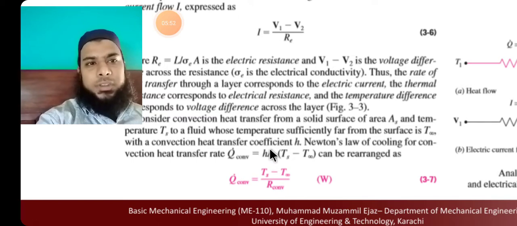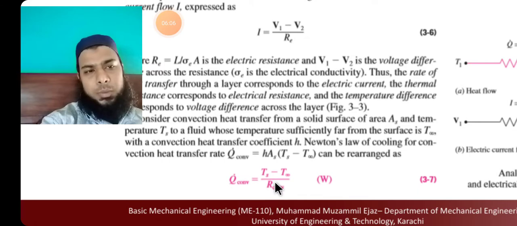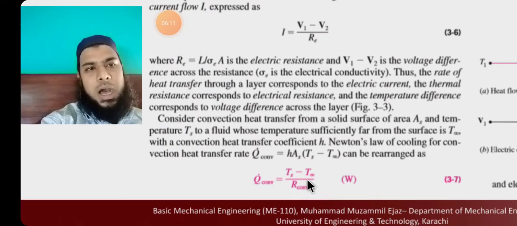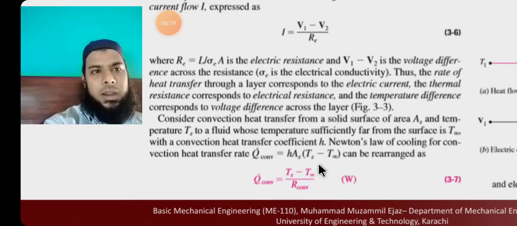The area remains the same for the wall, and h will also be the same for the particular air. So we take these as the resistance, placed in the denominator. The formula of resistance in convection becomes R equals 1 upon hA.